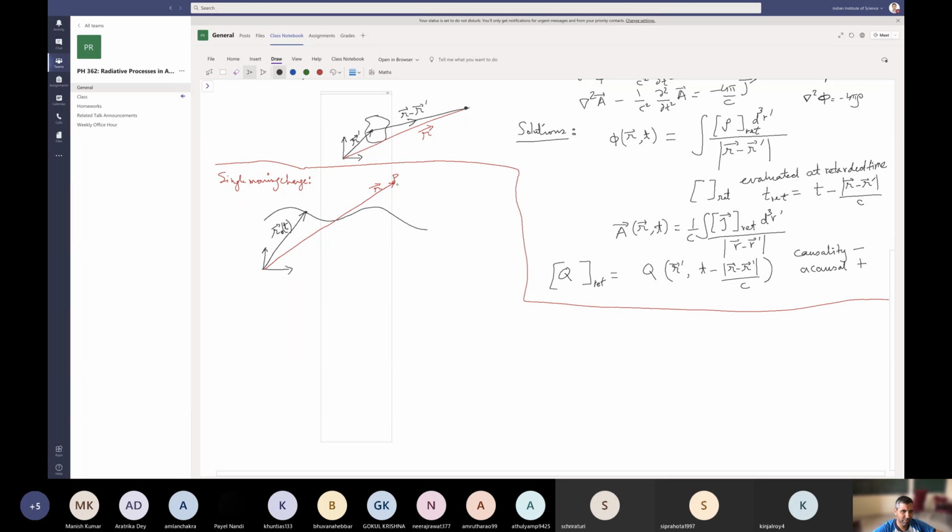You want to know the potential at point P, given that a charge moves and its trajectory is given by r0 as a function of time. Good. So let me draw this again. This is just r minus r0.